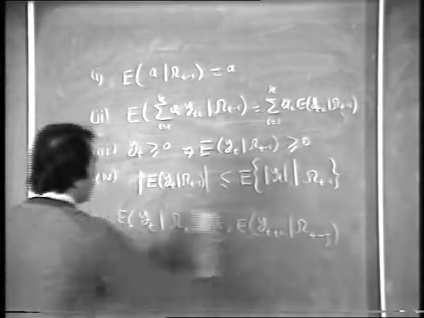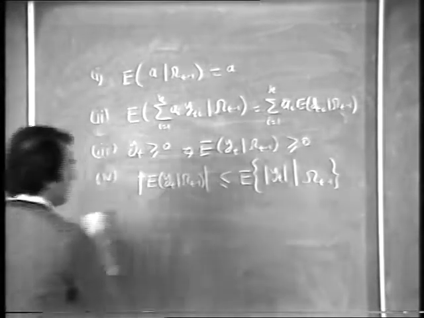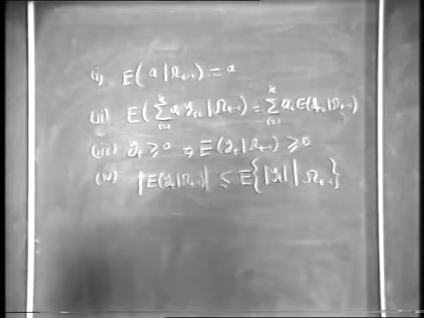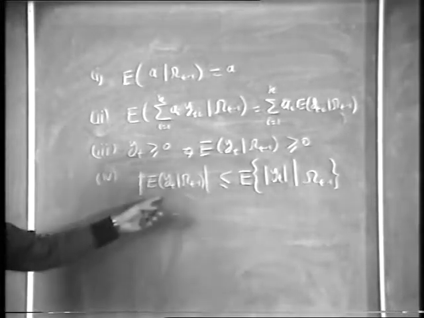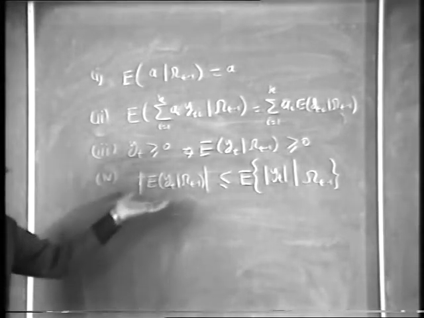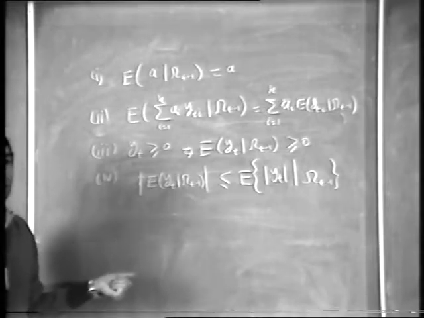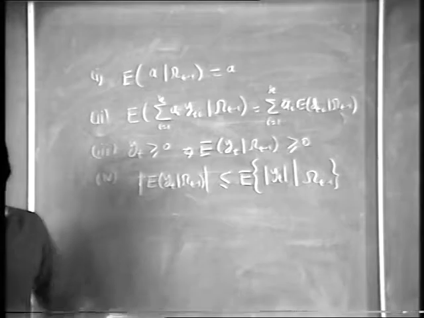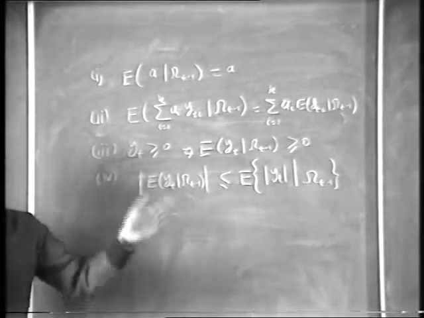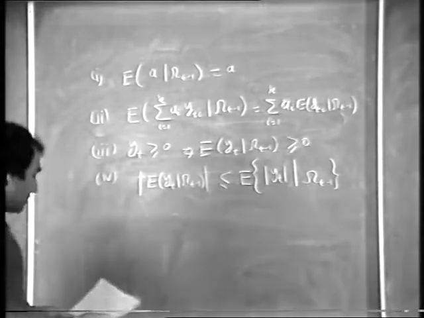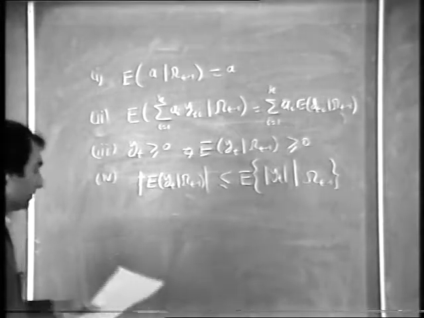Let me just give a very short proof of the last one, because we are going to use it later on, so you know where this comes from. It is essentially like assuming that the absolute value of the integral is less than the integral of the absolute value, if you take the absolute value inside the integration, but for the conditional case it's a bit more complicated.